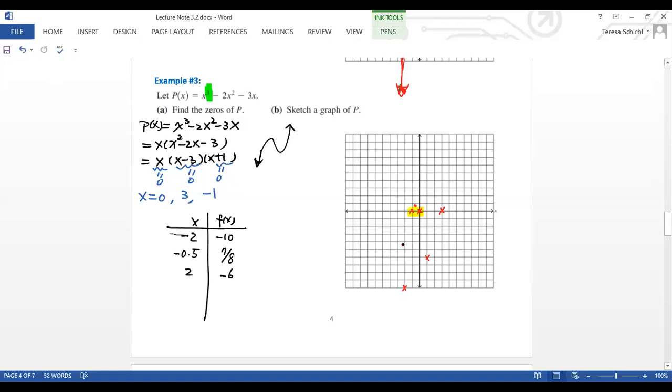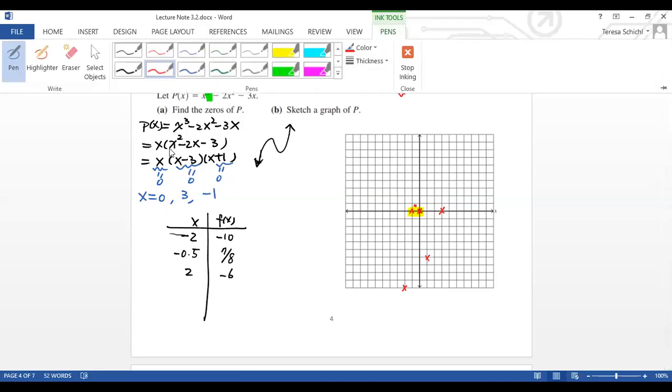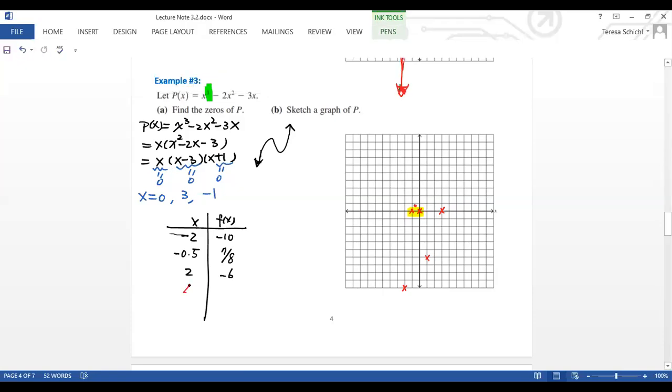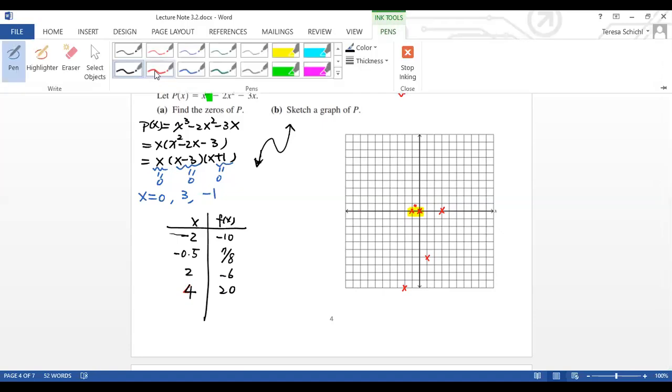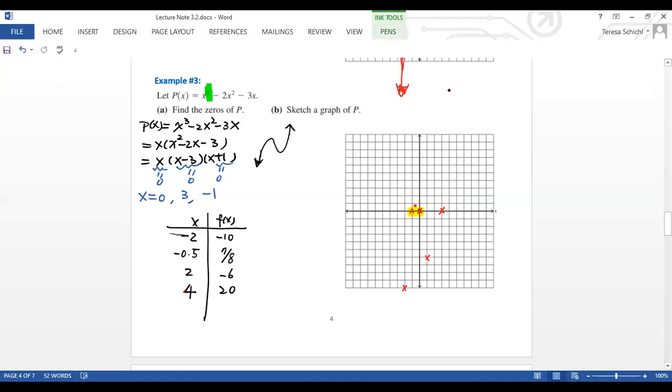Now I know you have to go up, passing here, and then passing over here. Then let's choose one at the end. So this is 3. Let's choose 4. Okay, so get the same color. So let's choose 4. The 4 will give you 20, right? Okay, so the 4 here will give me way up here, right? Okay, so now because I know the end behavior, I know the graph should look like this.